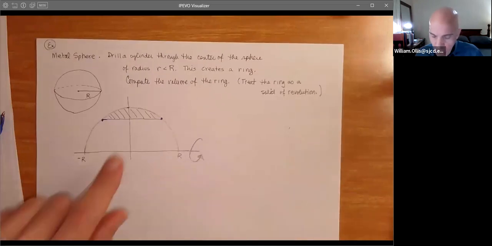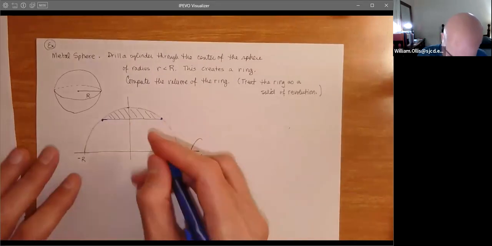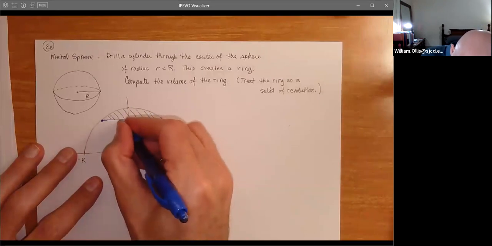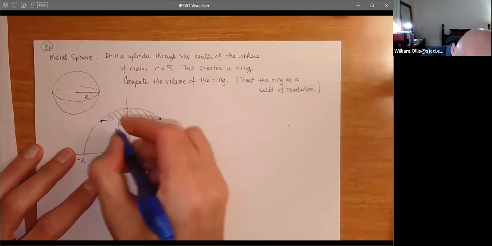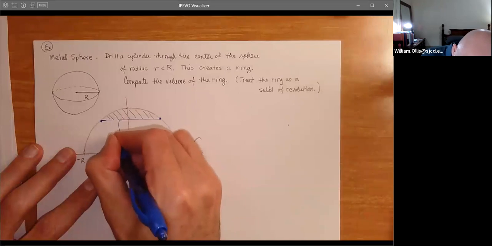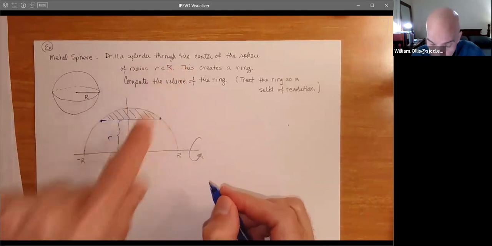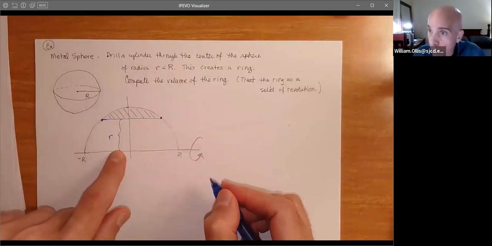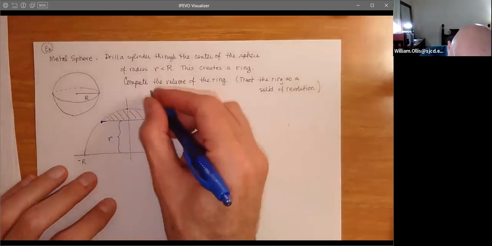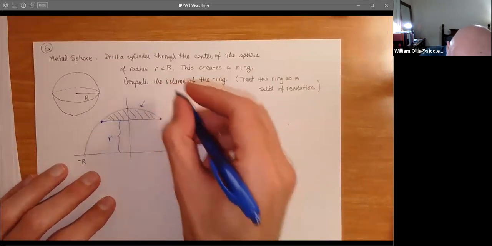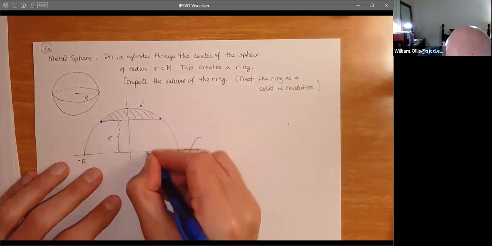Okay. So this distance here is lowercase r. That's the radius of the cylinder, where we drill a cylinder through the center of radius little r. And then of course the outer curve here, we'll pick an x here.